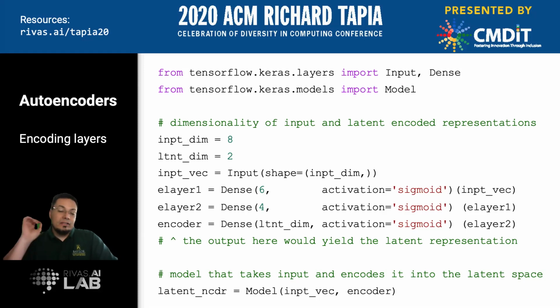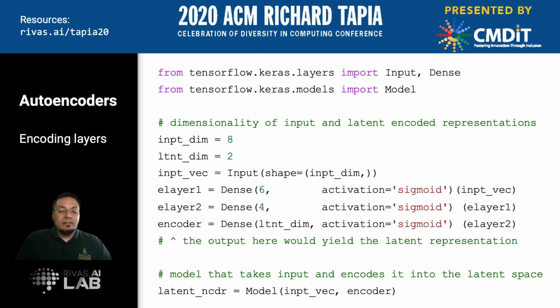And I specifically chose 2 because I want to be able to plot this model in 2 dimensions. But if you choose a larger number of dimensions, which is completely fine, you may not be able to display them in 2 dimensions. So for this exercise, I wanted to see the powerful nature of an autoencoder visually in 2 dimensions.